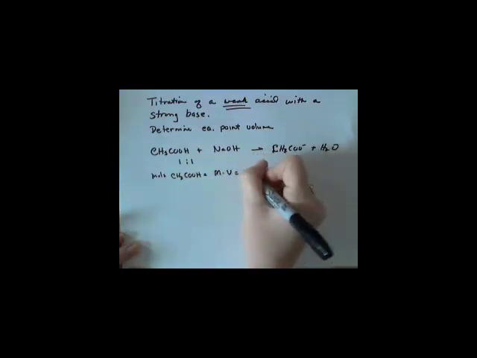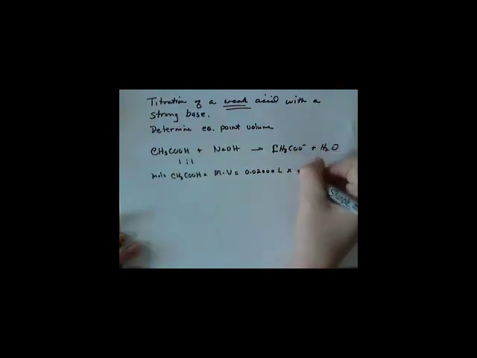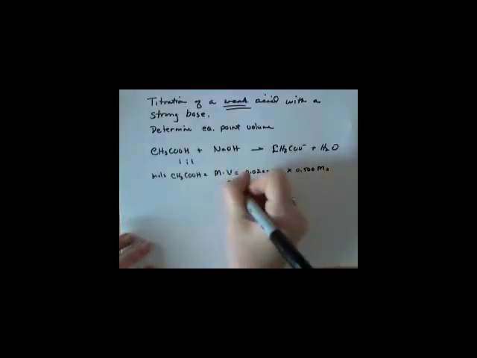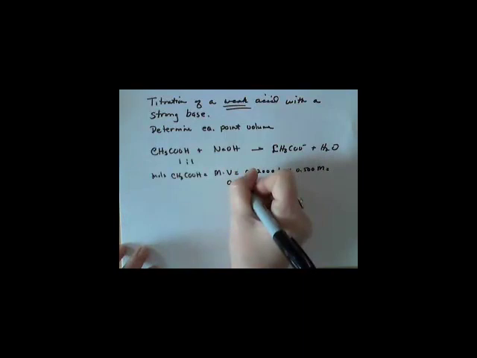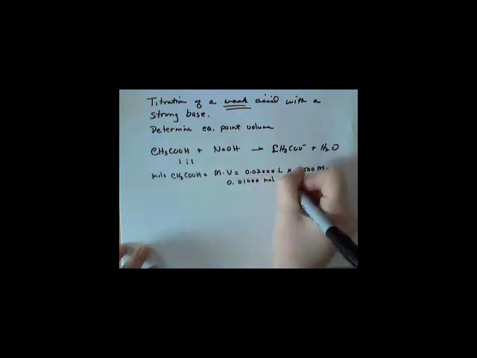And that's going to give me 0.02 liters times the molarity of the acid, which is 0.5 molar. Okay? So the moles of acid are given by 0.02 times 0.5. We end up with 0.01 moles of acetic acid.